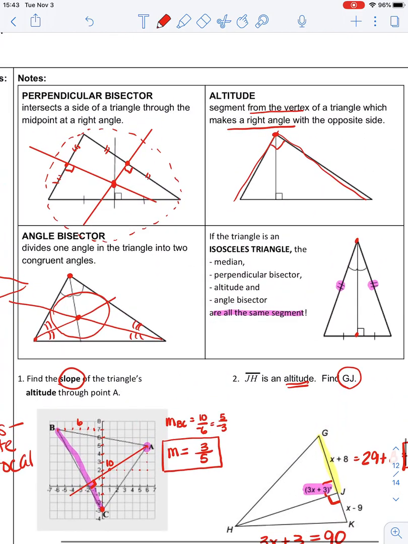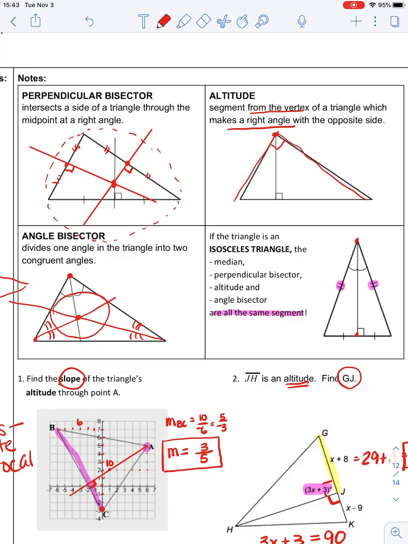So remember, it is important that you understand when you're given the picture the effect that it has. The perpendicular bisector just cuts through a side at a 90-degree angle and it cuts it in half, but it doesn't go through the vertex necessarily. The altitude goes from the vertex to the opposite side at a 90-degree angle, but it doesn't necessarily cut that side in half.